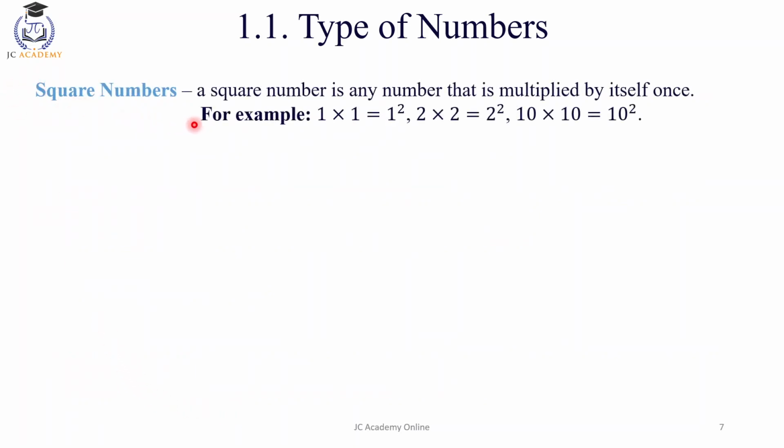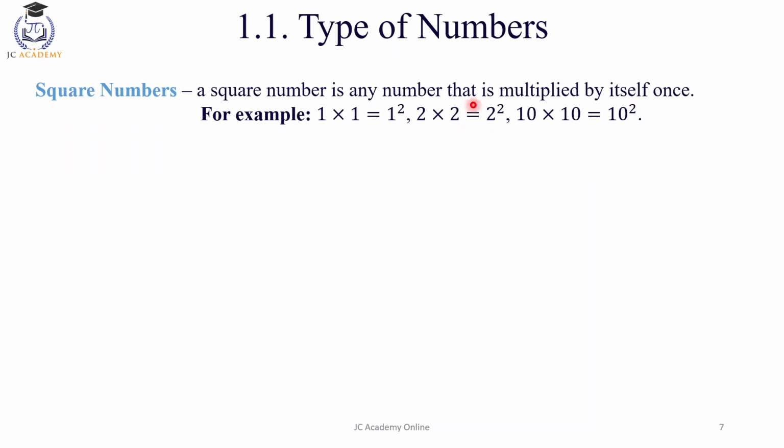Then we have square numbers. A square number is any number that is multiplied by itself once. So, for example, we have 1 times 1 equals 1 squared. 2 times 2 is equal to 2 squared. 10 times 10 is equal to 10 squared.